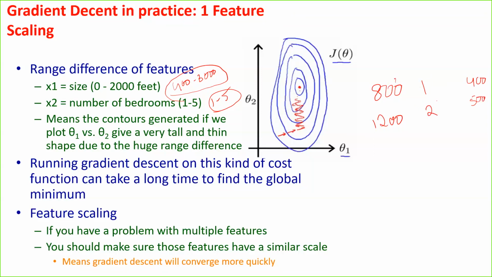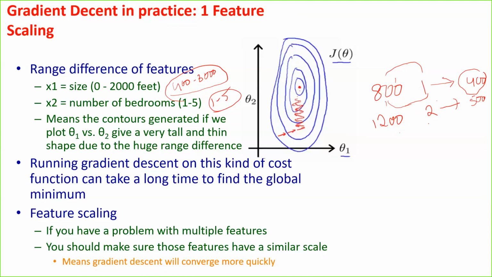You have to multiply them with parameters, theta naught and theta 1 and so on, so that you predict this cost. When there is a huge range difference between the features, you have to compensate with the parameters so that you map them to 400 or 500. So there will be a huge range difference between the parameters as well.